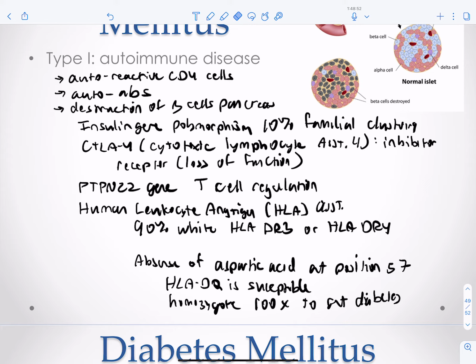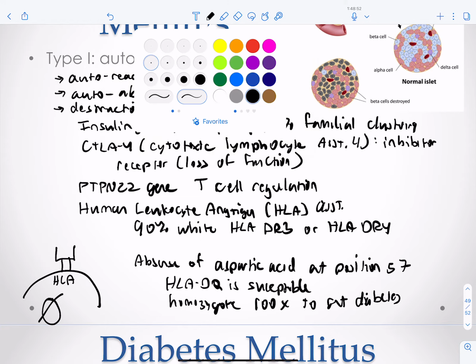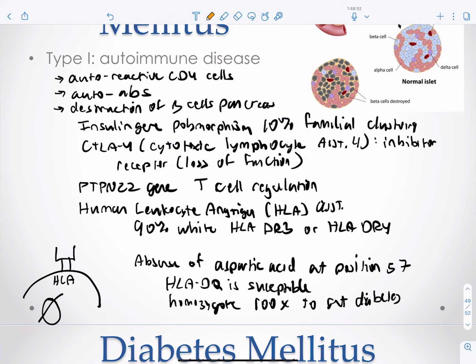And so what this is telling you is that the human leukocyte antigen is important for activating your CD4 T cells. So you have your macrophage, and it has on its surface the human leukocyte antigen. So here's the HLA. And within this human leukocyte antigen, you can have your antigen.